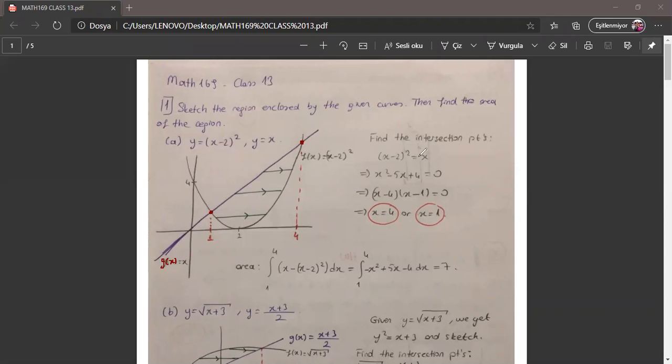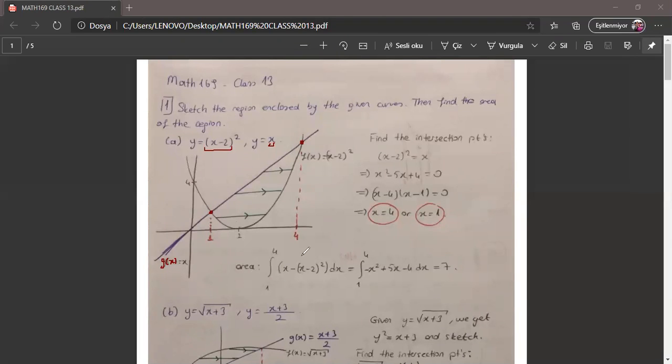So we equalize them. Okay, we have these equations, so we have this equality. Now basic operations give us these two roots. One of them is 4 and the other one is 1. So here we have 1 and 4. Okay, these are intersection points of this line and curve.